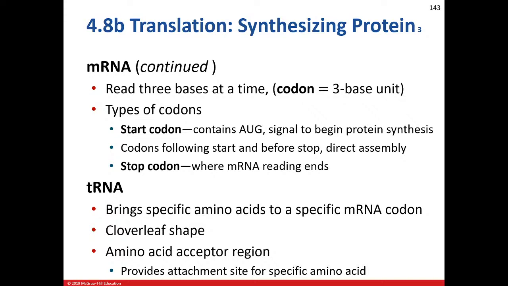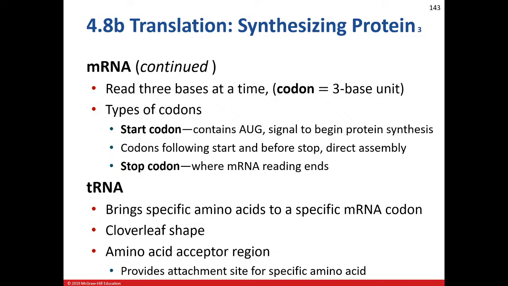All right, so mRNA is read 3 bases at a time. And a codon is a unit of 3 bases, right? So we read it 3 bases at a time, or you can say we read it 1 codon at a time. And there are different types of codons. There's a start codon, there's a stop codon, all right, and then the other codons actually code for specific amino acids.